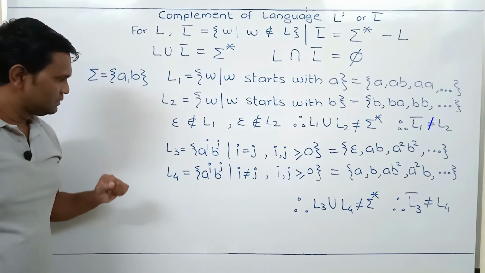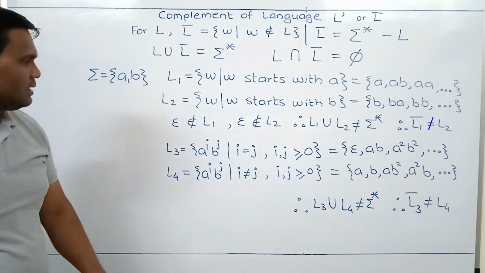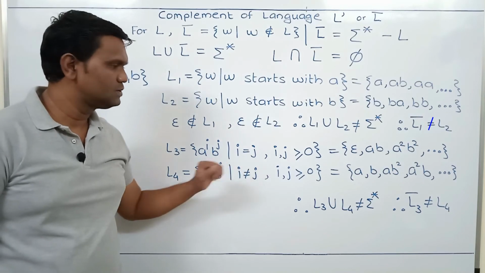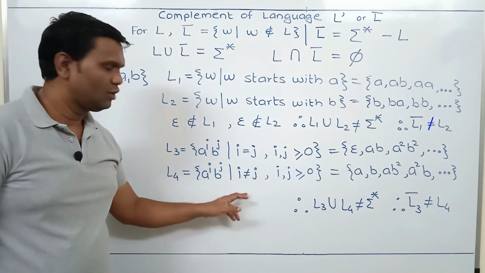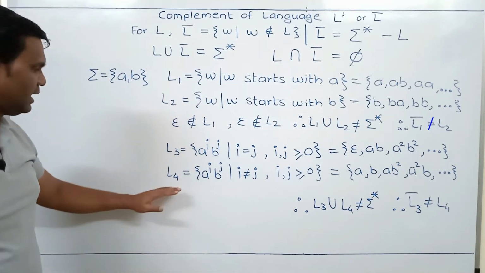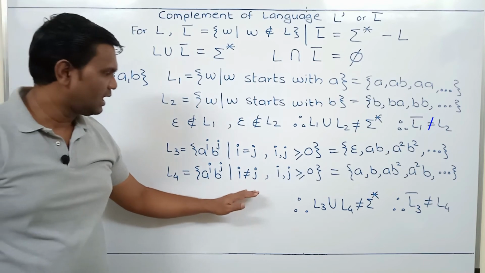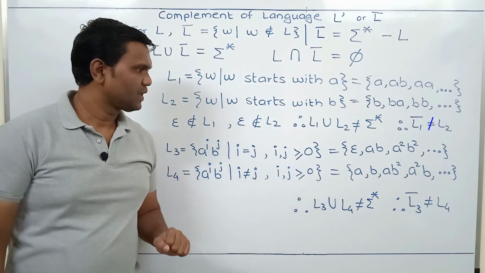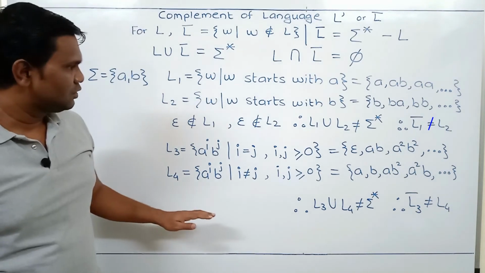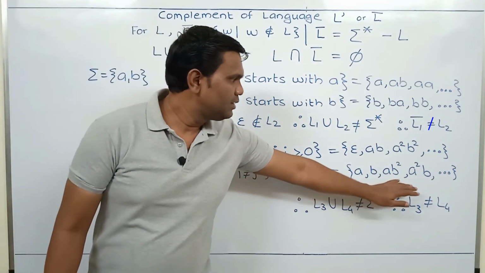Now if you want to calculate complement of L3, someone may think that here there is condition i equal to j, we will simply modify it to i not equal to j. So consider L4. L4 is a power i b power j such that i not equal to j, i, j greater than or equal to 0. So you will get strings like this: a, b, ab2, a2b.